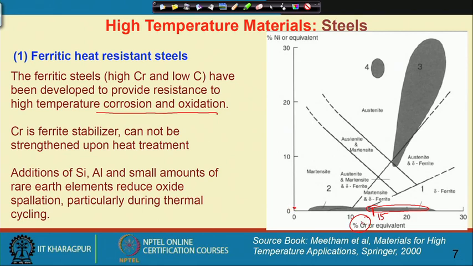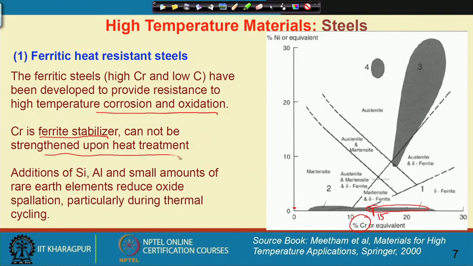Since chromium is a ferrite stabilizer, it stabilizes the ferrite, which is a low temperature phase, at higher temperature, because the application temperature is higher. We are talking about ferritic heat resistant steel, meaning that during operation itself the ferrite phase should be stabilized, and therefore strengthening by heat treatment is not really possible.